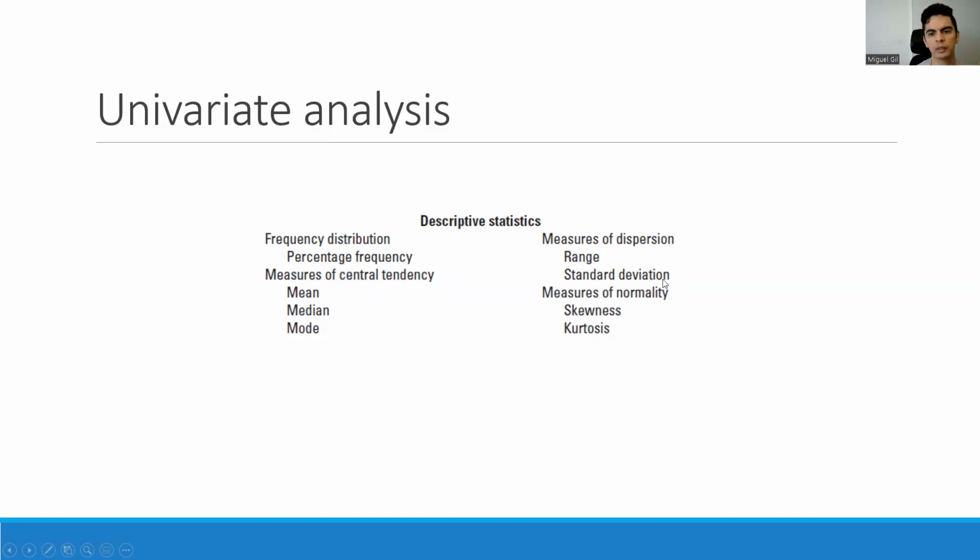Then we also have the measures of dispersion, like how wide your data is. Is it very close to the mean or is it far away? Then we also have measures of normality, and this is also very important because it will tell you how normal your distribution is, your sample is.